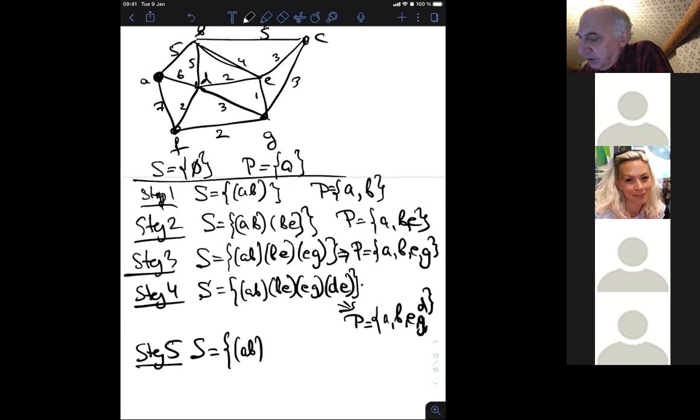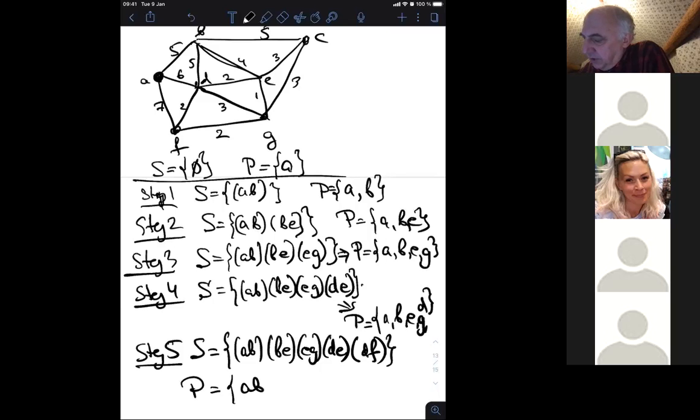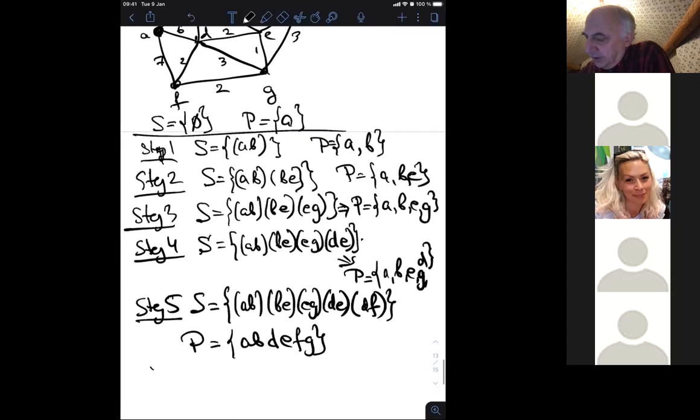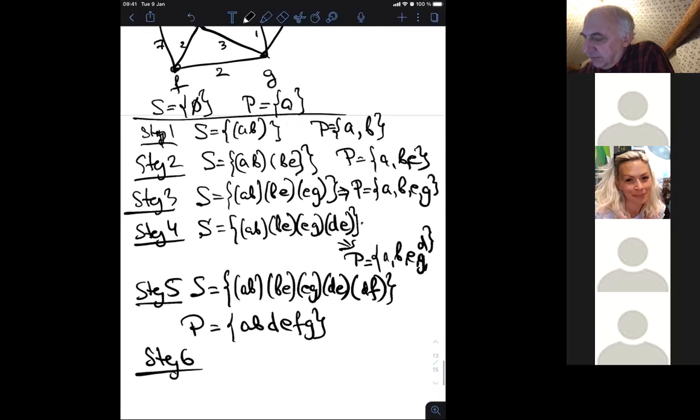So we're adding DF, and now our set of vertices is C, D, E, F, G. Oops, no, C is still not there. And we only have C left, the final step. So we need to pick 7 vertices and 6 edges only.